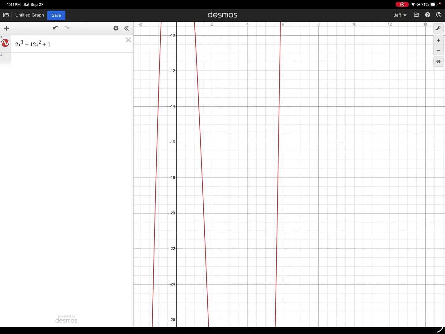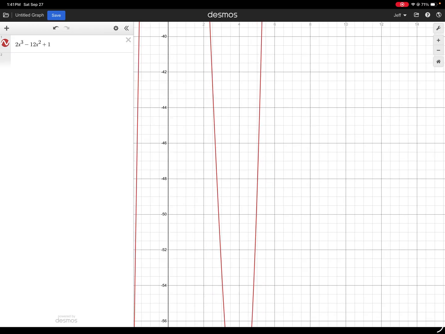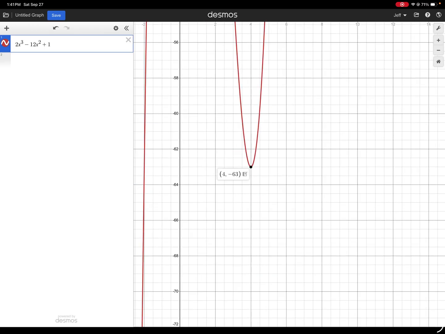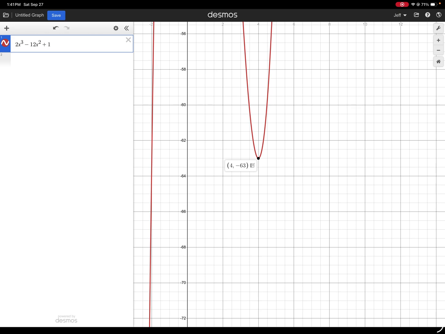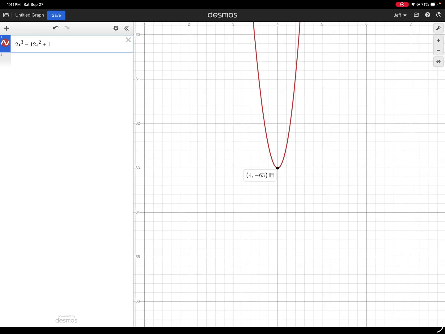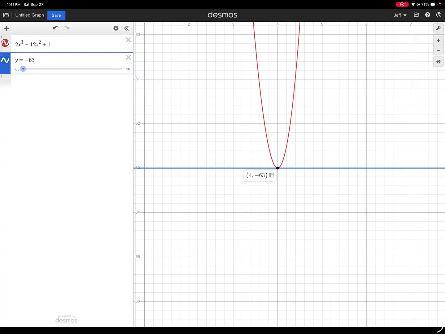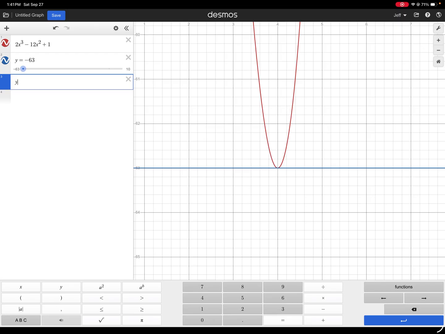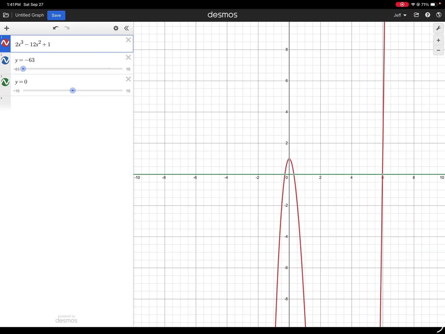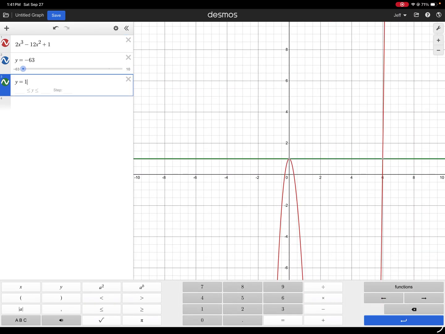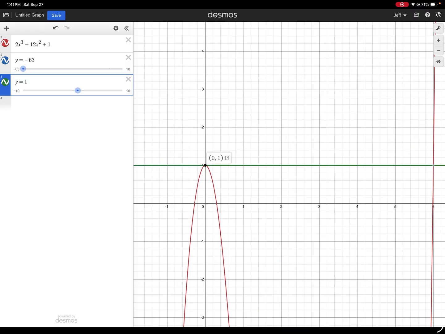And then way down here, we're going to have a minimum. And where's it at? 4, negative 63. So same thing, if I drew a line to that point, 4, negative 63. So let's show you guys y equals negative 63. The derivative is 0 there. And y equals, let's scroll back up. Oh, not y equals 0, y equals 1. There we go. Horizontal tangent line at y equals 1 and x equals 0. So that's pretty cool.